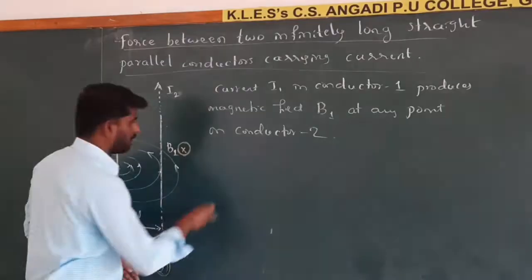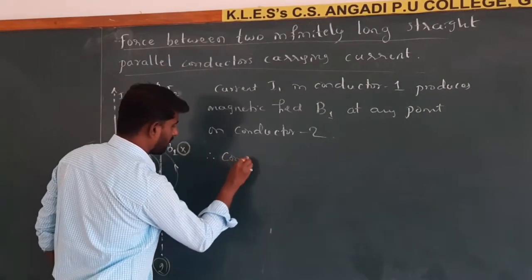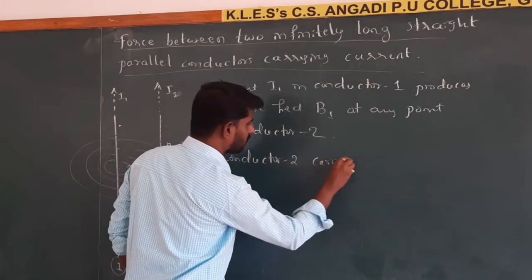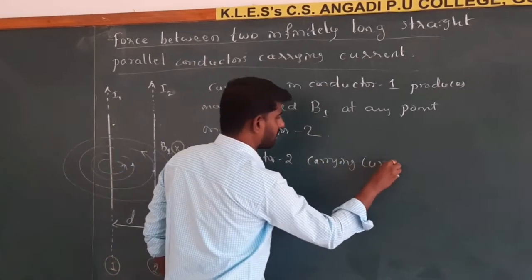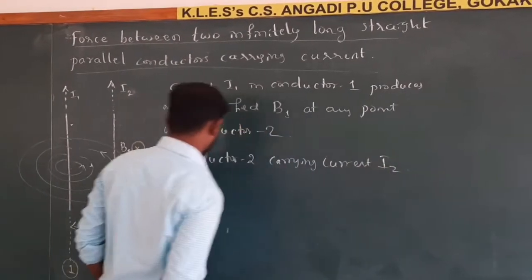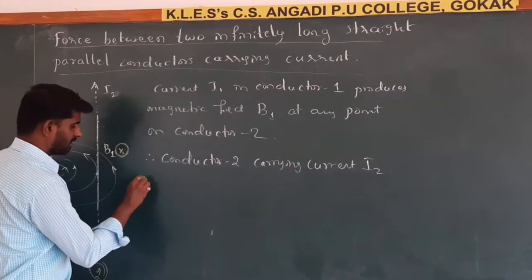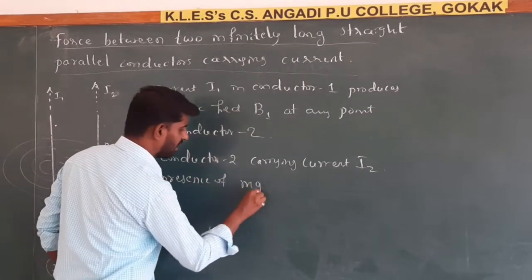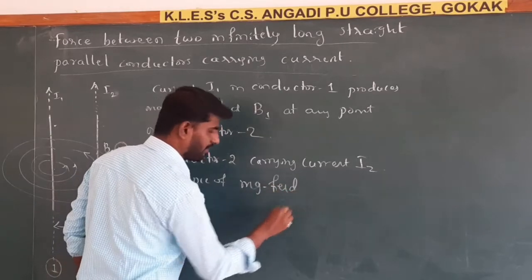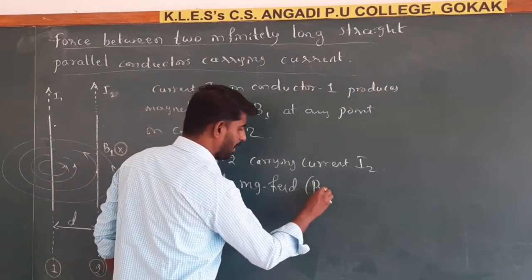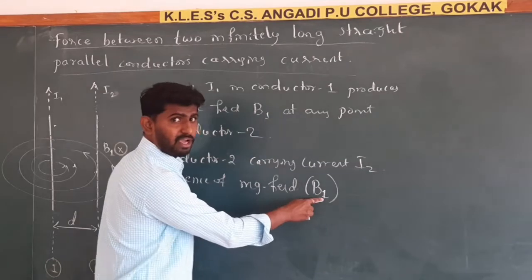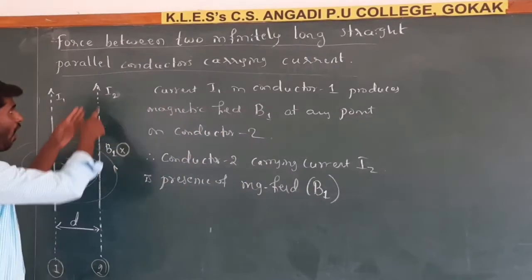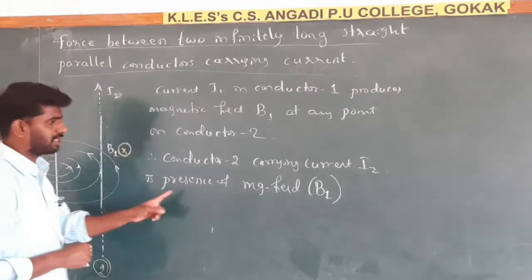Conductor 2 is carrying current I2 and is in the presence of a magnetic field. How much is the magnetic field? B1. Why did you give it the subscript 1? Because it is produced by the first conductor, magnetic field B1 on the second conductor.